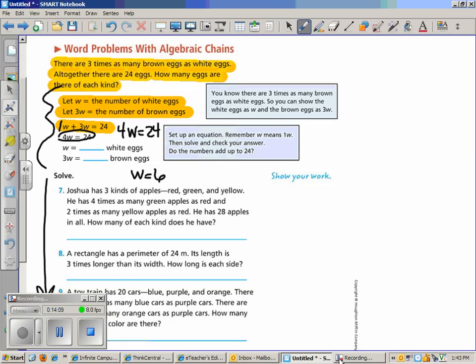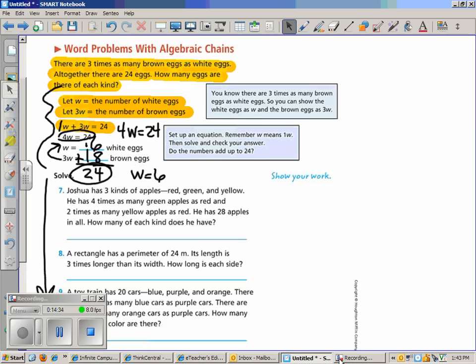So what that means is that I have 6 white eggs, and I have 3 times as many brown eggs, so I have 18 eggs. Let's check our totals. Does 6 white eggs plus 18 brown eggs equal 24? 24. It does.